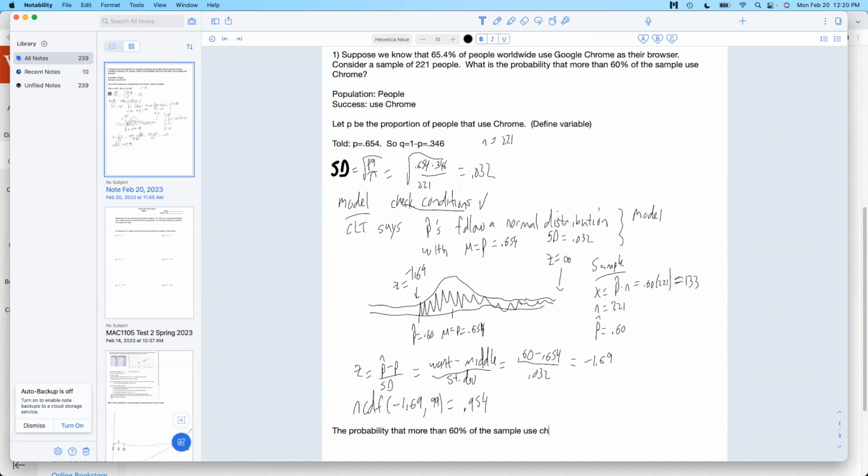Use Chrome is 95.4%. Or another way to say that is if you were to go out and do billions and trillions of different samples, if you were to do an infinite number of samples, 95.4% of those samples would have a sample success rate more than 60%.